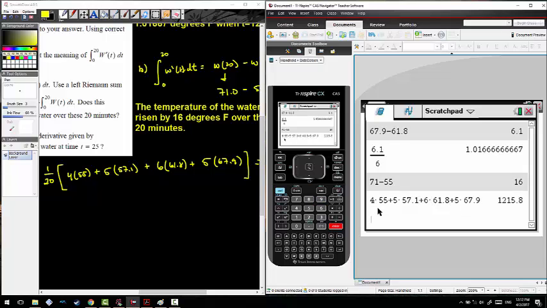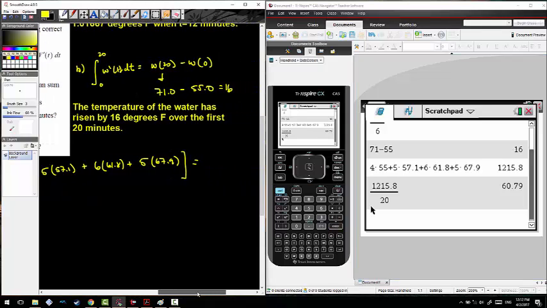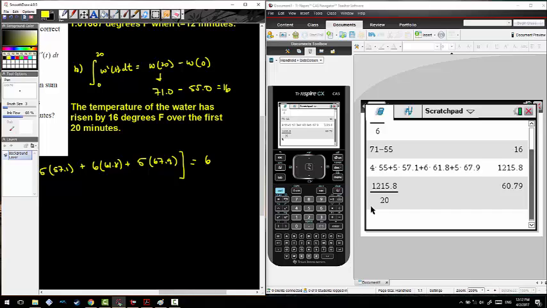But remember, I'm doing average values, so I'm going to divide that by 20. 60.79 looks like my grand total. So, 60.79.